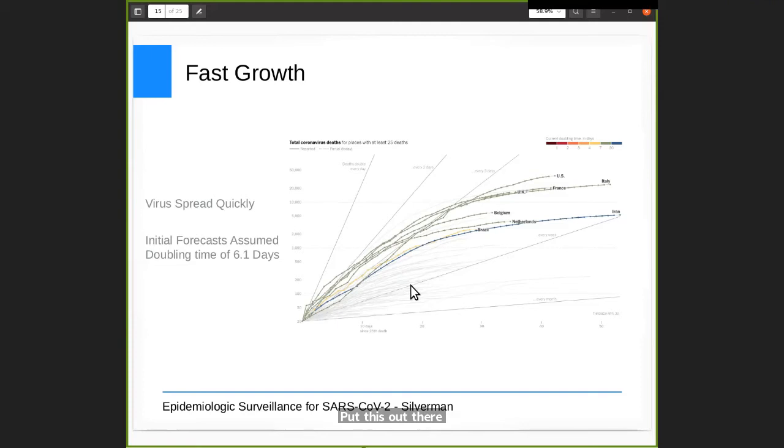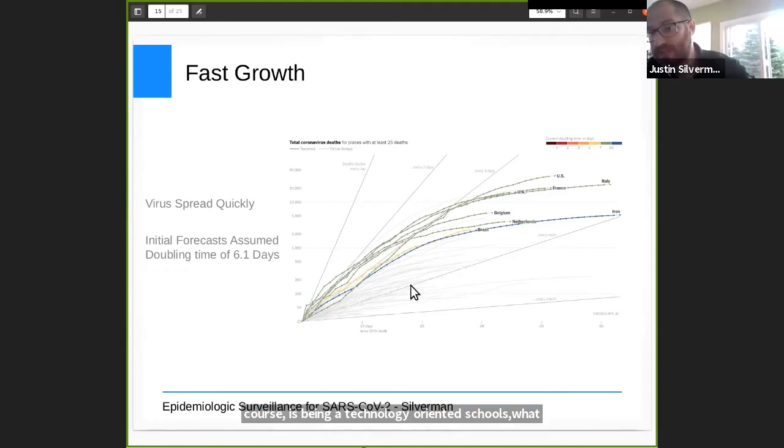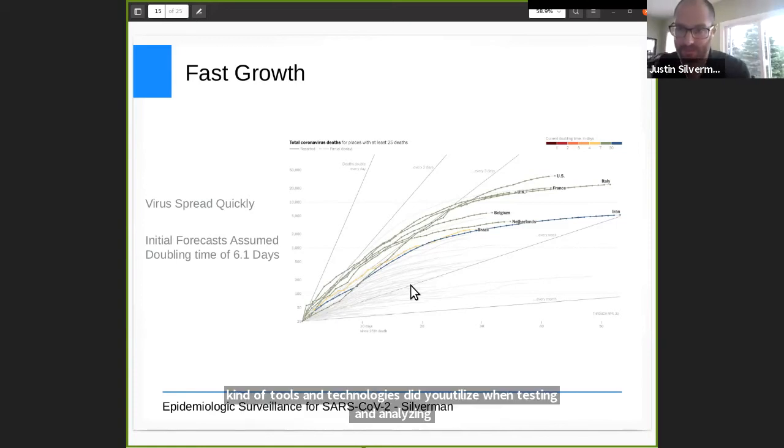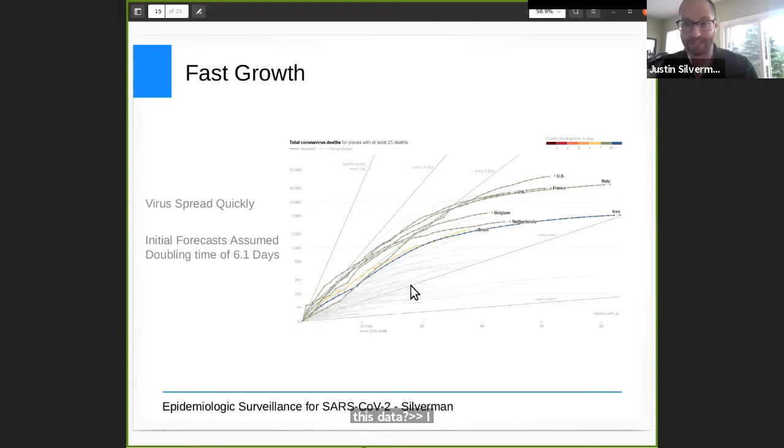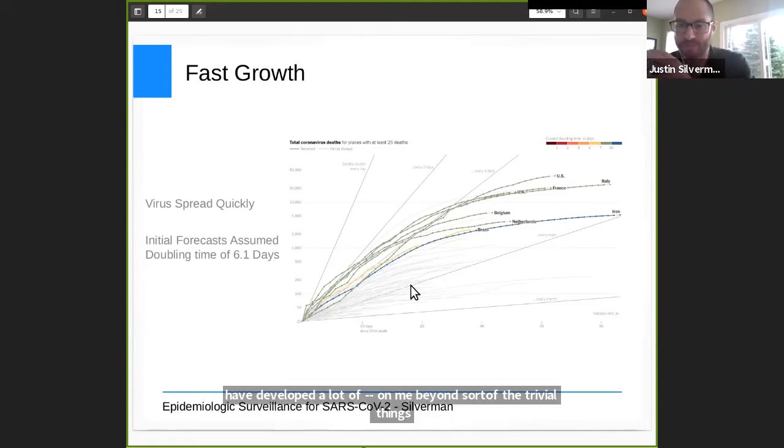Dr. Silverman, quick question. Of course, you're working with a vast amount of data coming from various different sources. And of course, us being a technology-oriented school, what kind of tools and technologies did you utilize when testing and analyzing this data? So beyond the trivial things, I used the R programming language because I like it, and I used GitHub because that was where the data was stored.